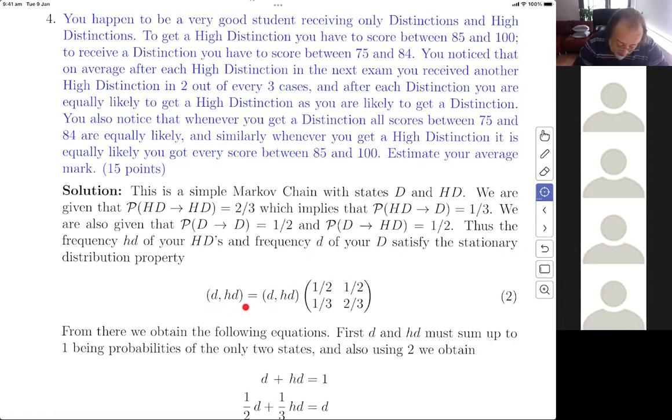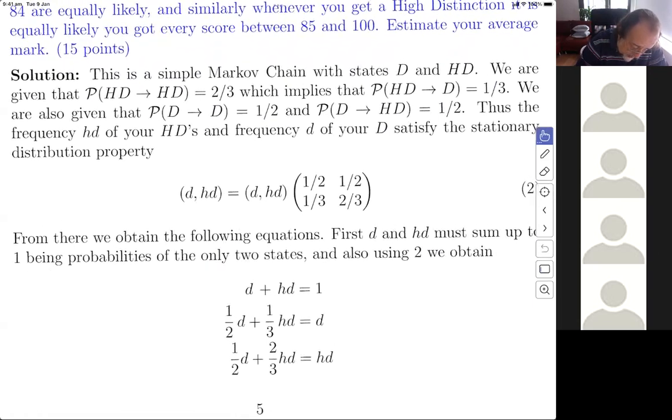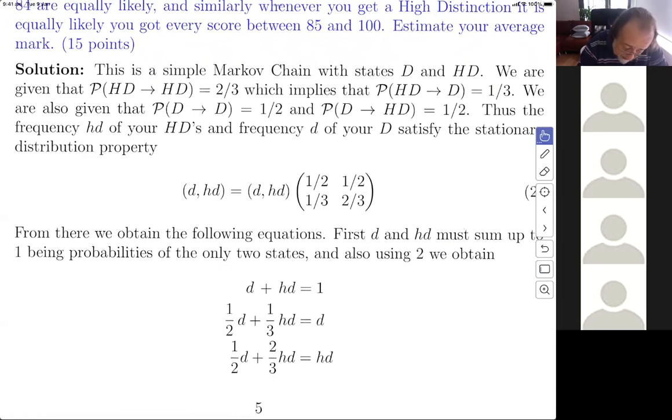Because this is a stationary distribution, because it corresponds to overall probability at any moment in time. So from this matrix equation, right, you can obtain 3 equalities, right? Only 2 of which are independent.